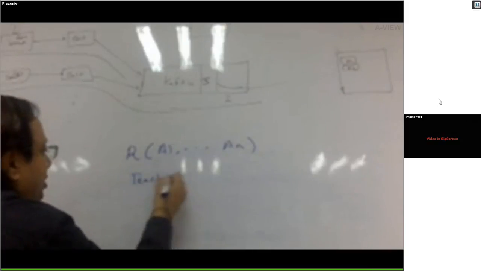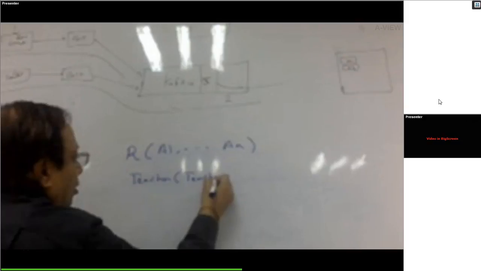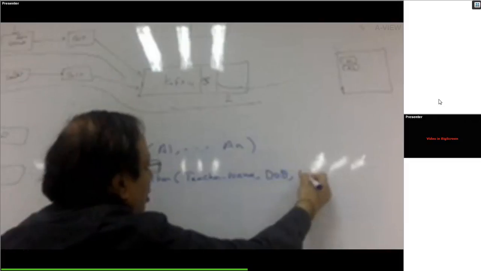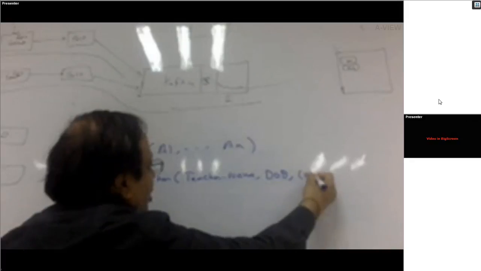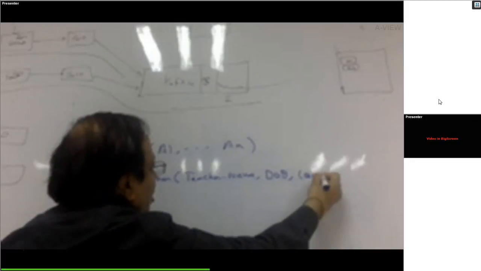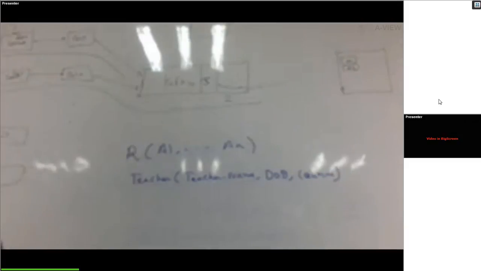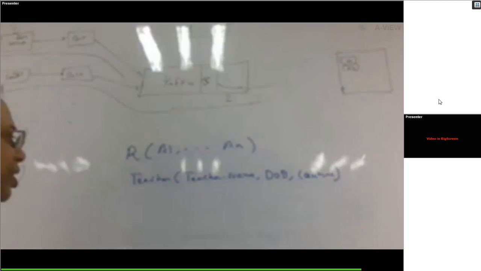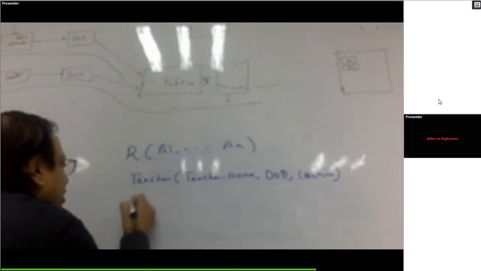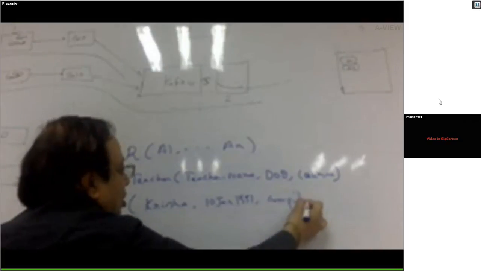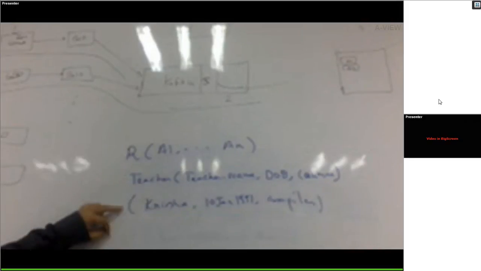For example, take teacher as a relation with teacher name, teacher date of birth, and the course he teaches. So you can say this is a teacher relation. Now you can say there is a teacher by the name Krishna. This can be one instance of this.